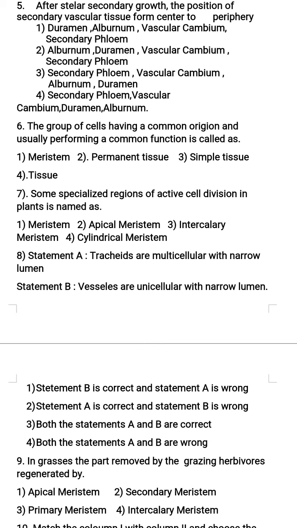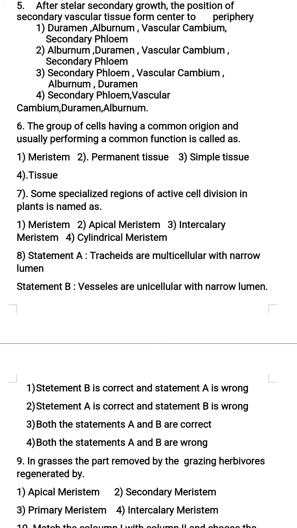So those cells are performing different functions. Growth in plants is largely restricted to specialized regions of active cell division called meristems. In Greek language, meristos means divided. Plants have different kinds of meristems.